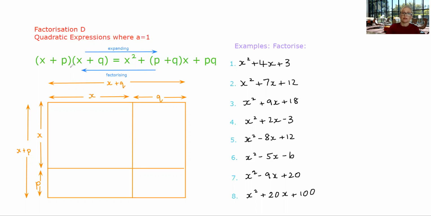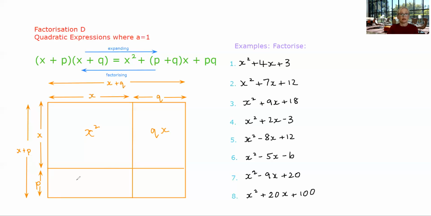Just to remind you how you would expand this situation, this is a demonstration area-wise of what x plus p by x plus q would be. This area here is x squared. This area here is q times x.